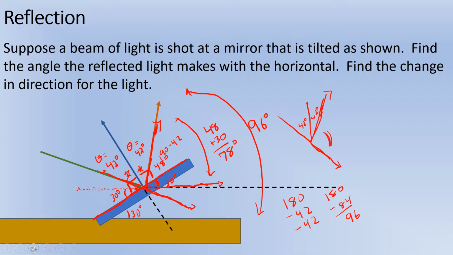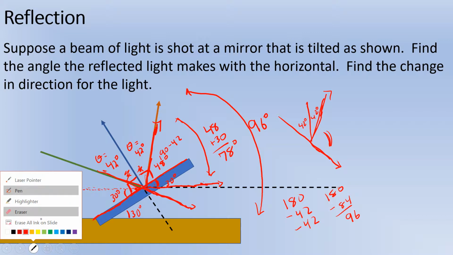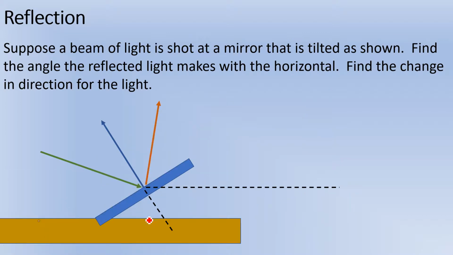All right, let's try another example of that. We'll clear off all this. And let's say my angle of incident coming in, let's say that's 30 degrees. And let's say the angle that my mirror is making with the horizon, let's say that's 20 degrees. It's not theta though.